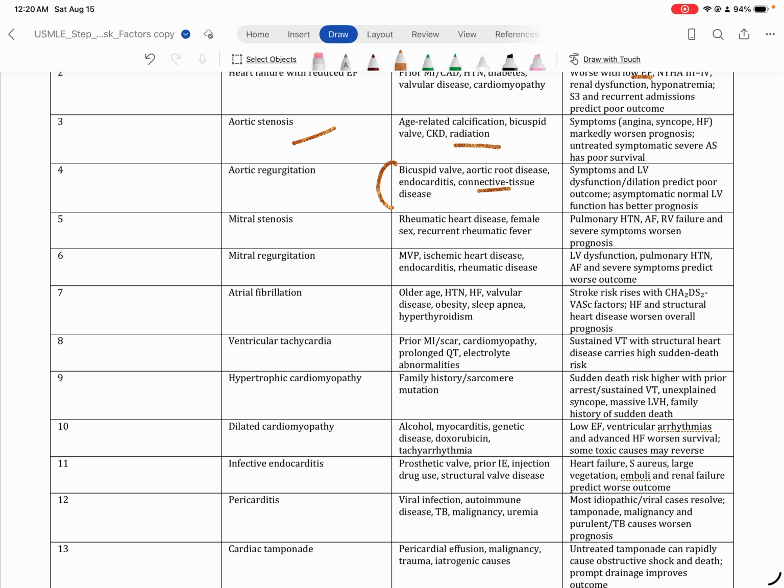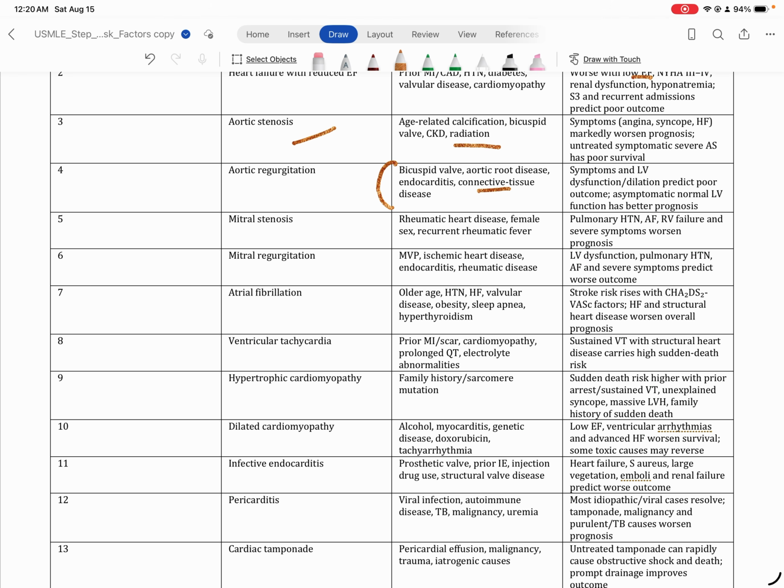Okay, moving on, mitral stenosis. Mitral stenosis is mostly seen in Asian or European women, and the most common presentation would be in women in their reproductive age. So risk factors are rheumatic heart disease, female sex, and recurrent rheumatic fever.